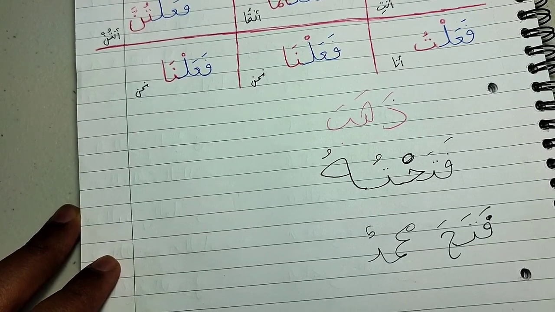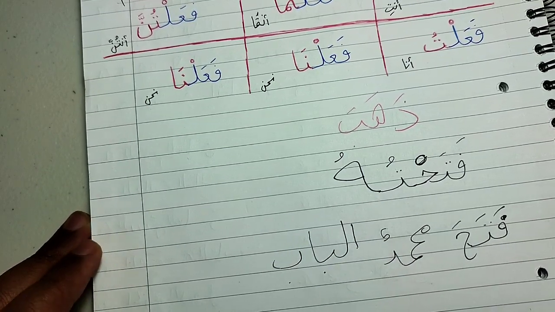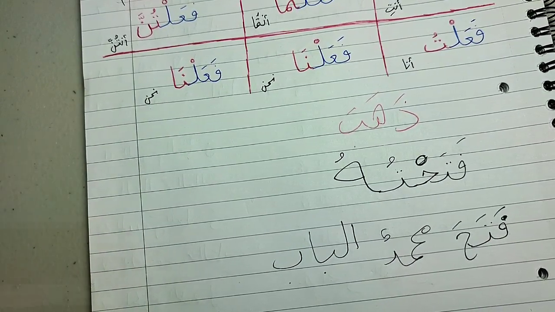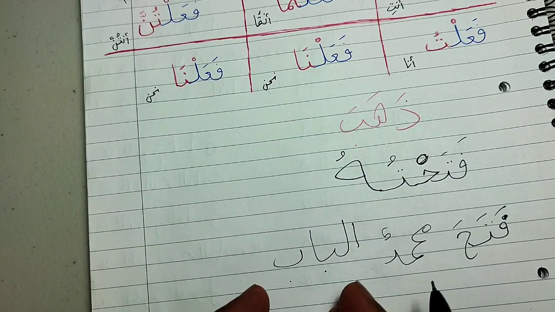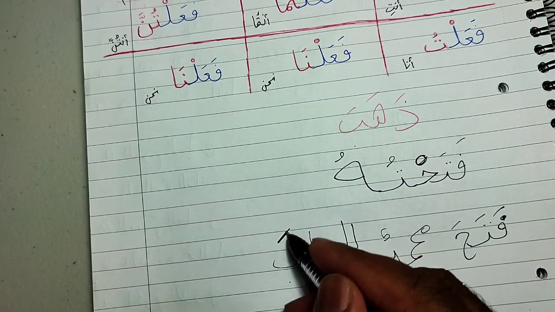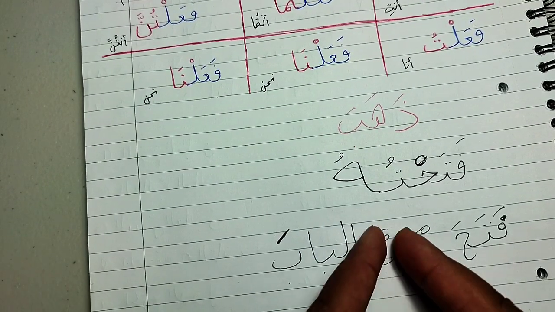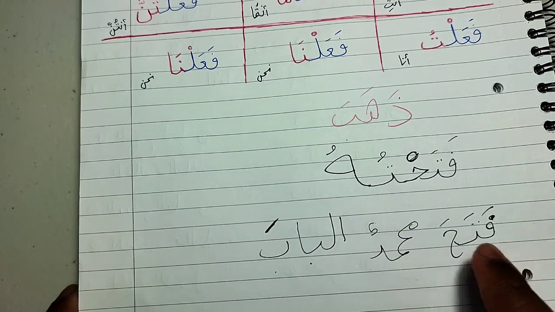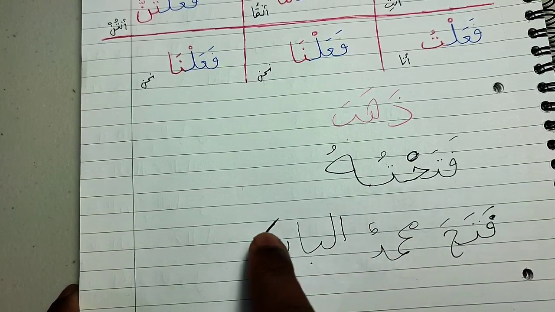What has he opened? I would say fataha al-bab. So this is my maf'ulun bihi, the object. My opening occurred on this thing. Maf'ulun bihi, the object. In Arabic, the object has a hukum, and its hukum is that it's mansub, ends with fatha or fathatain, just like the fa'il ends with dhamma or dhammatain. So fataha Muhammadun al-baba: fi'l, fa'il, maf'ulun bihi.